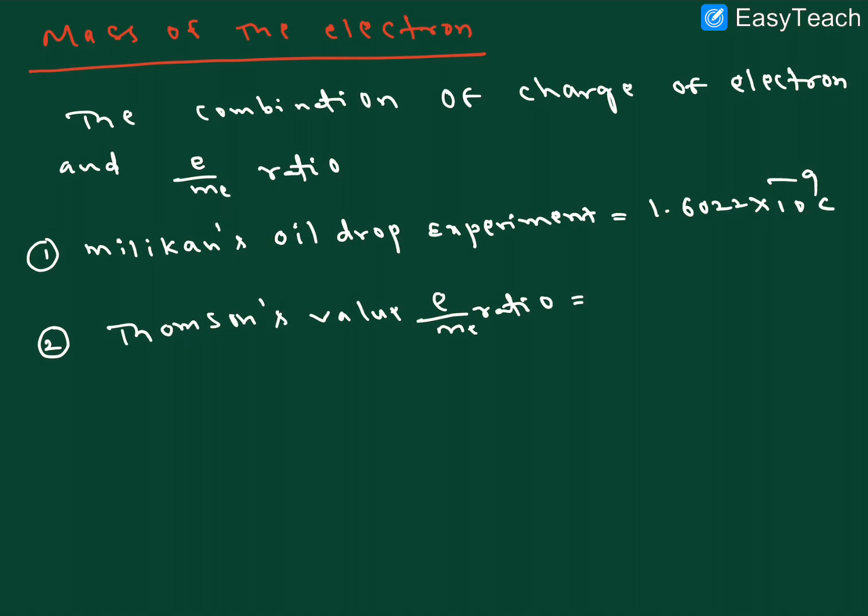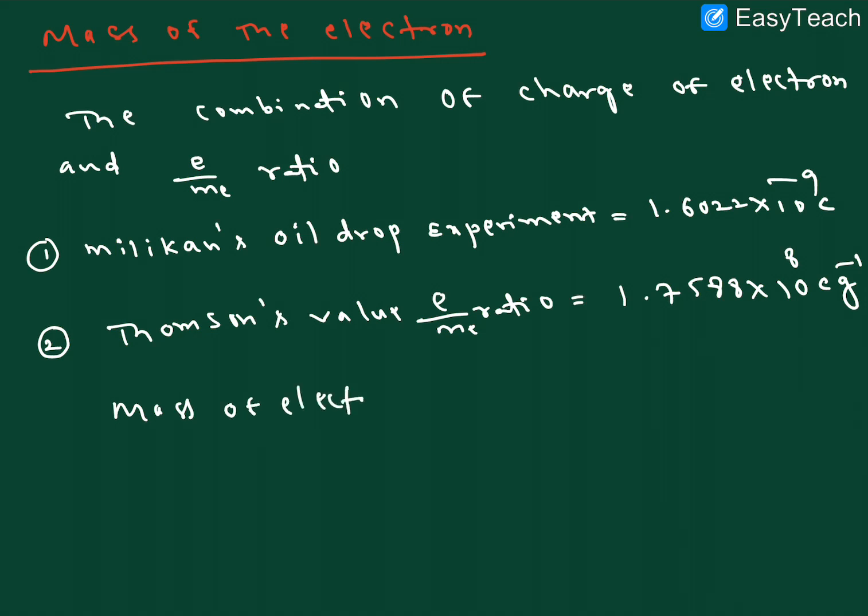Already we found that. Thomson found that the e/m ratio equals 1.7588 into 10 to the power of 8 coulombs per gram. Already derived this value, 1.7588 into 10 to the power of 8 coulomb per gram.